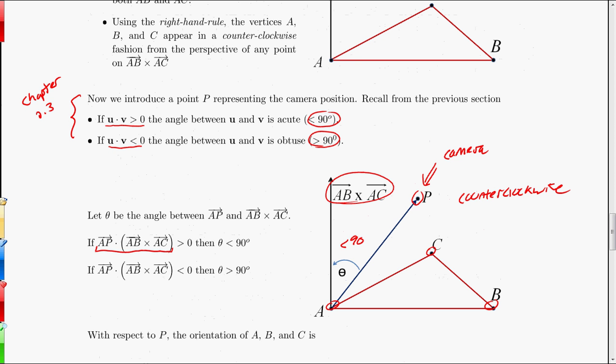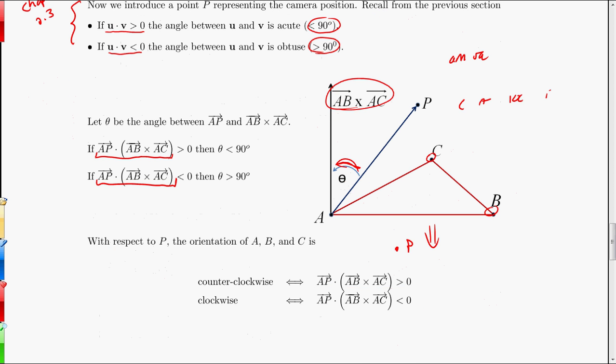If it's negative, then what that means is that if I have this scalar triple product, or AP dot AB cross AC, if that's negative, then this angle here is bigger than 90, which means my P is down here, my camera is down here, and from everything down there, I know that the orientation is clockwise, right?